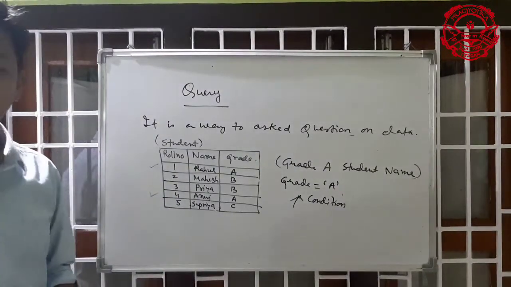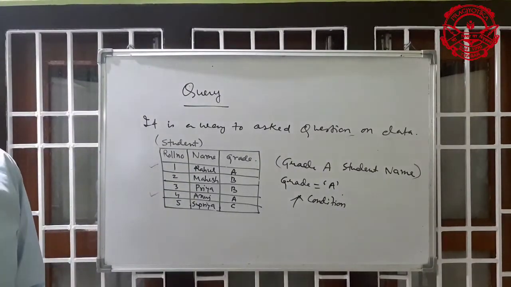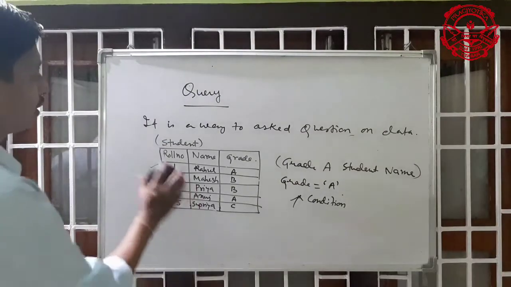Next example, the same example: list of employees who draw a salary of 50,000 or above.